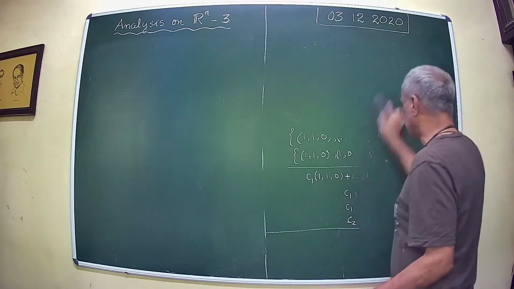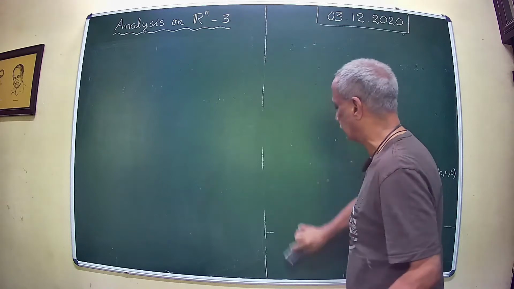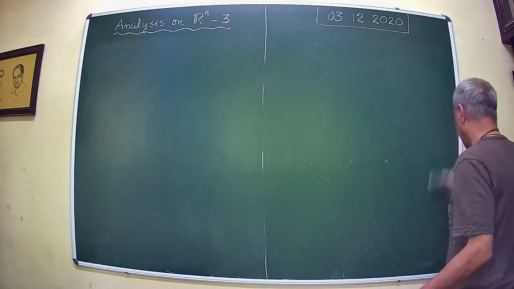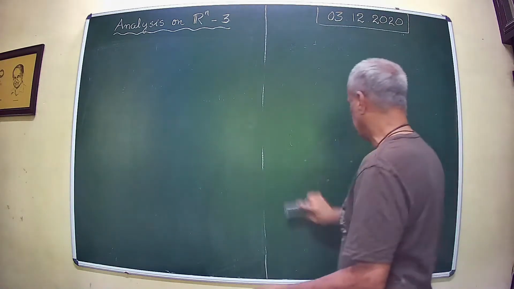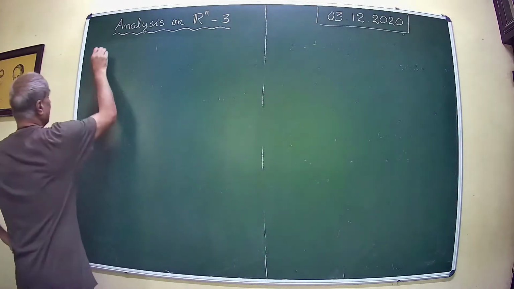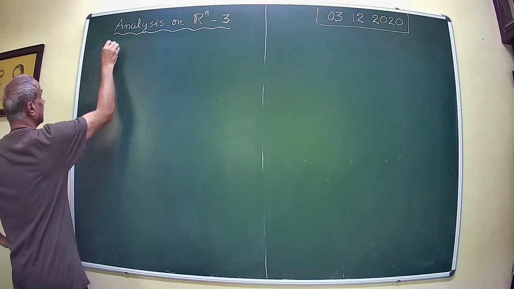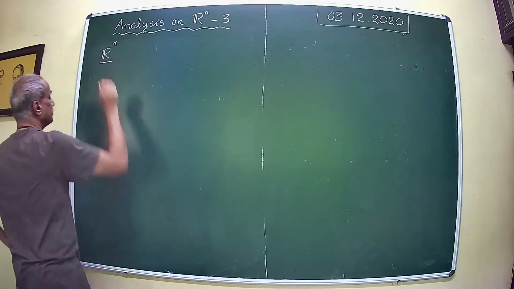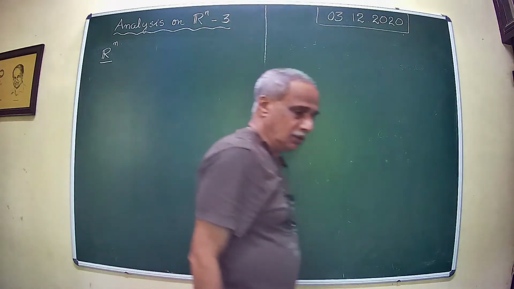So Rn is our working space. We accept Rn as a working space. We take R. So we already know the structure of R.